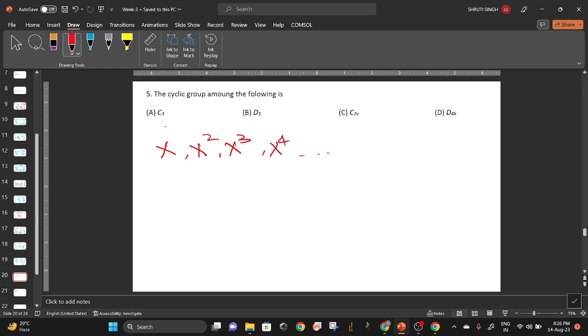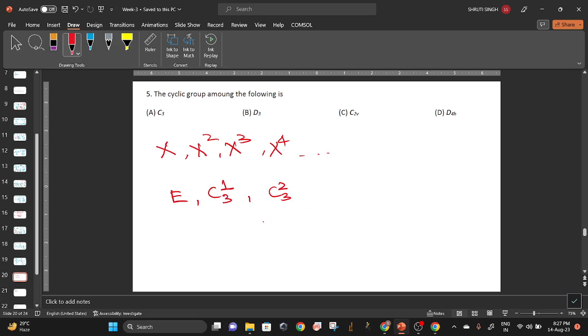Suppose we are considering C3. The symmetry elements are E and C3 itself, and since C3 is there, C3 1 is there, so there should be C3 2. C3 comes with two operations, clockwise and anti-clockwise.